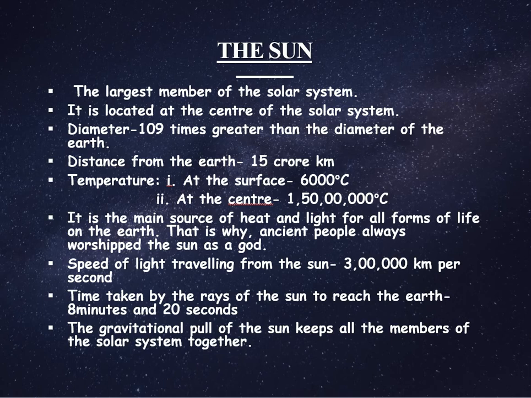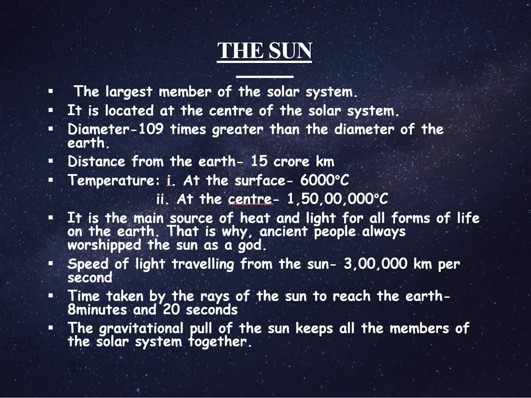The diameter of the sun is 109 times greater than the diameter of earth. These are some data regarding the sun. Its distance from the earth is 15 crore kilometer.